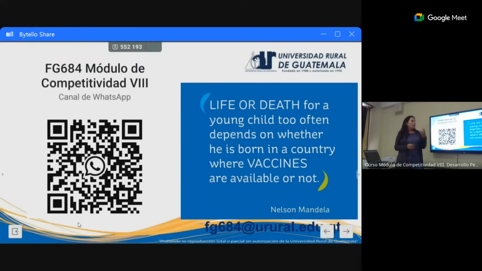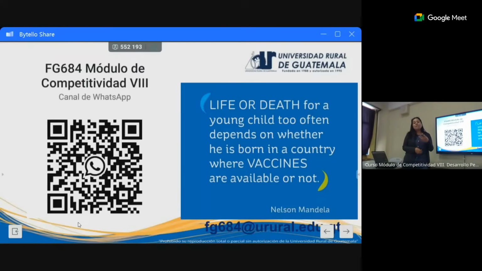So here in Guatemala, we were born in this country where vaccines, some of them, not all of them, but some of them are available and are for free. But what about those places where they don't have access to this type of vaccines? I know that our health system here in Guatemala is not as good, but at least I want to motivate you guys to get vaccinated, whether you're a woman or a man, if you have children, for your family, if you want to be alive for them.